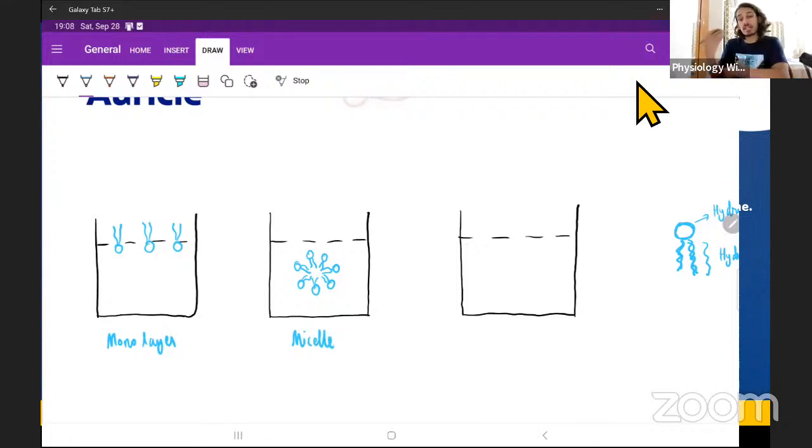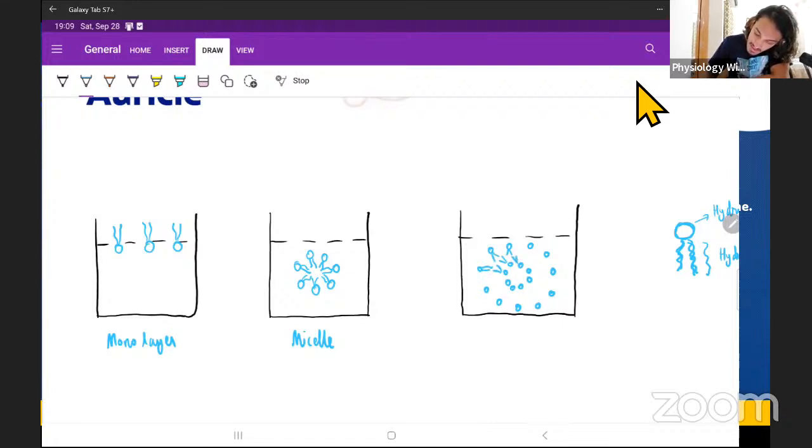Now, if we further increase the concentration, if a good amount of phospholipids are there, what is going to happen is it is now going to arrange itself in a bilayer fashion.